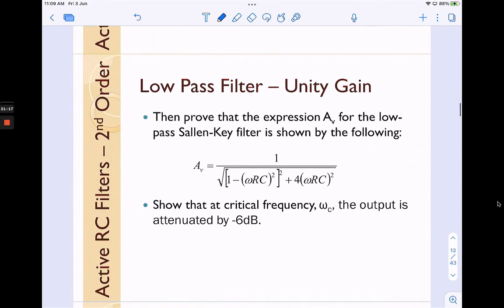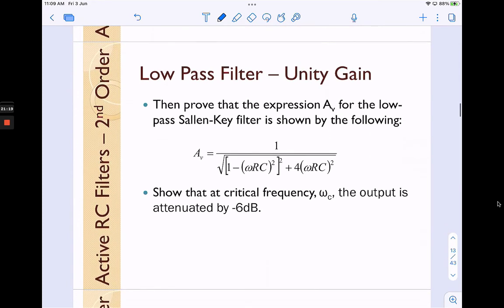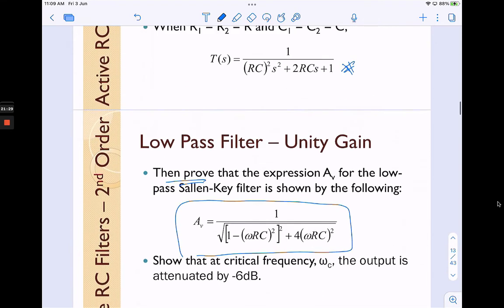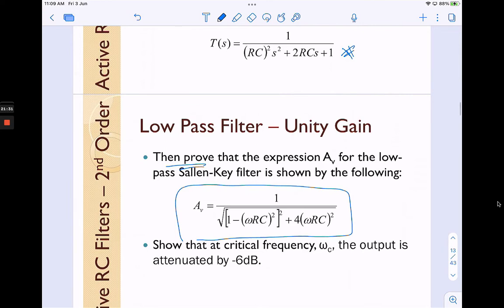If you have some time, you can prove the expression of Av for the low pass filter to have this. You can get the magnitude of this T(s) term, and you can get the gain for the unity gain Sallen-Key filter as something like this.